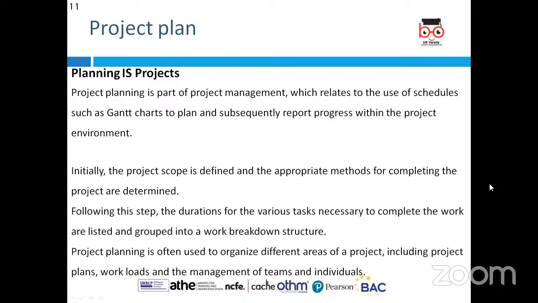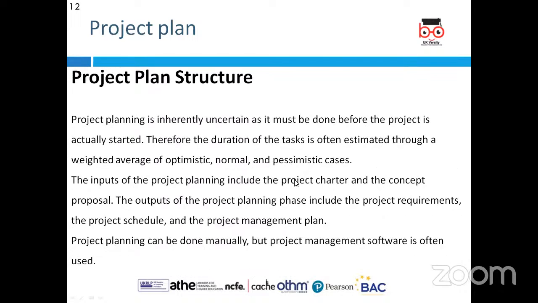So when it comes to project planning, we have to have some sort of tool that will allow us to track our objectives, or other online software like Trello, which are very useful and used within organizations.